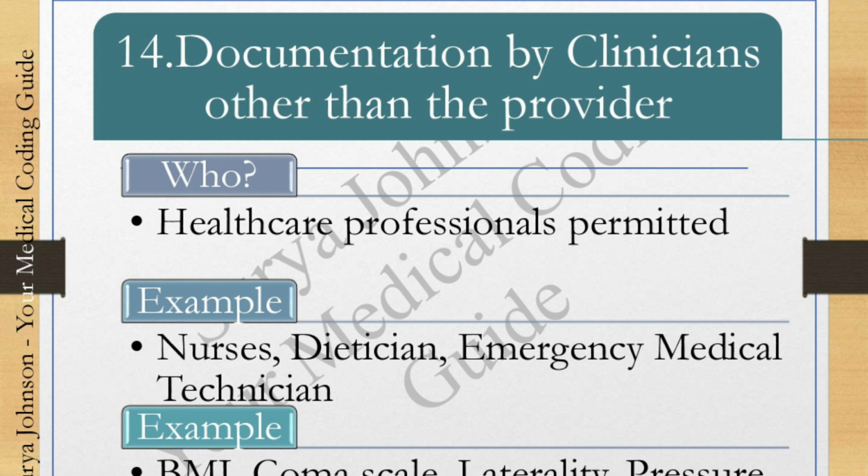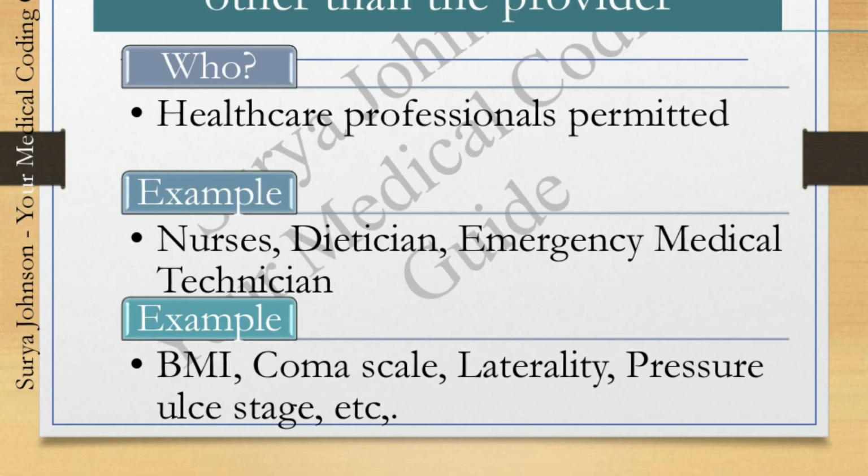What do I mean? The nurses do not have the right to document the entire visit of the patient. They can document only the patient's blood pressure, the BMI, the patient's height, weight, the pulse rate, whatever they are doing in their triage. Also, for example, the dietitian can document all diet-related things.